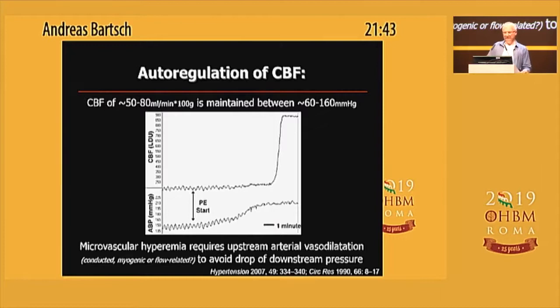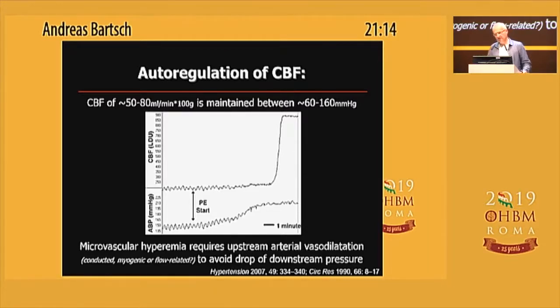However, if we have microvascular hyperemia or vasodilatation due to increased carbon dioxide concentration in the blood, due to stenosis, due to lactate in a tumor, this requires some upstream arterial vasodilatation to avoid any drop of downstream pressure, okay?